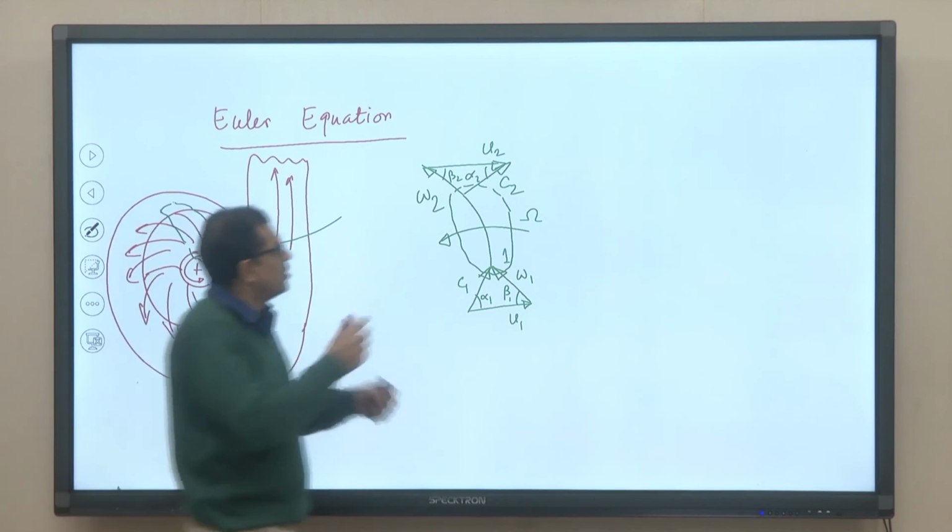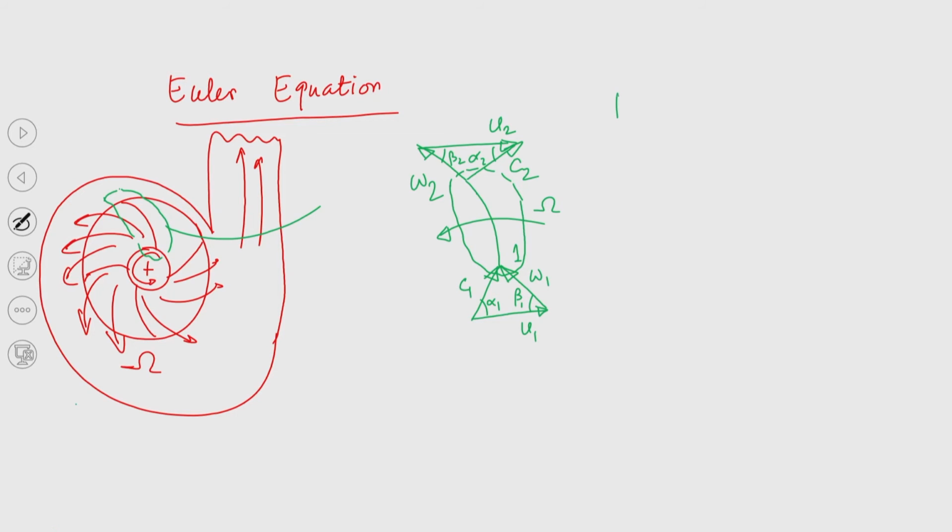So, what can we assume? We can consider the flow is steady and one dimensional.